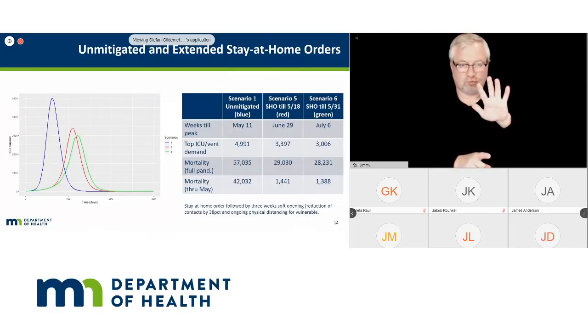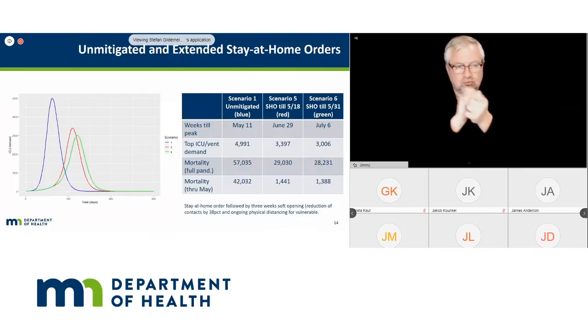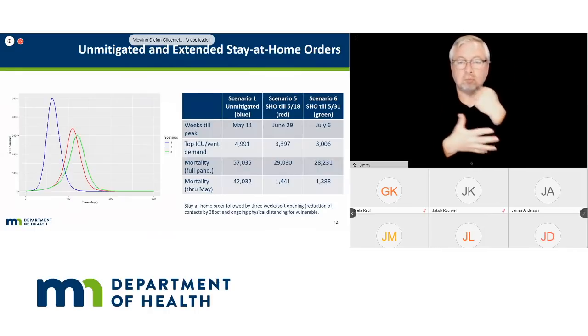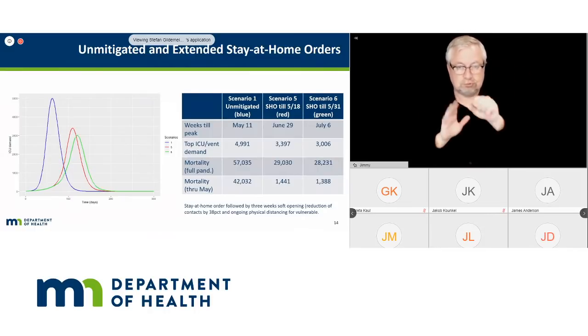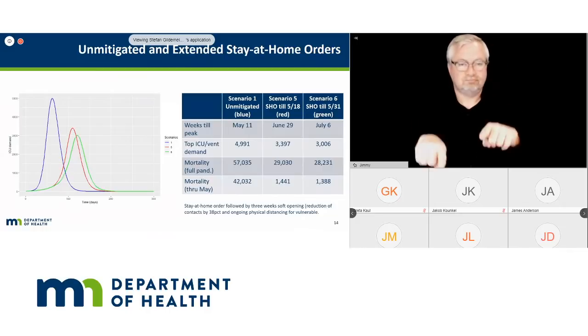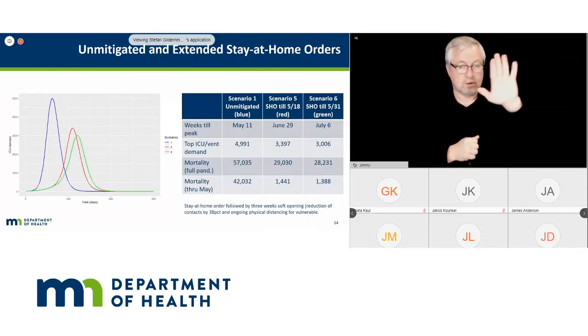So the difference between the blue curve and the red and all subsequent curves is one, an expansion of ICU capacity. That was one of the first changes and priorities made in the state response, and that's driving mortality reductions there.